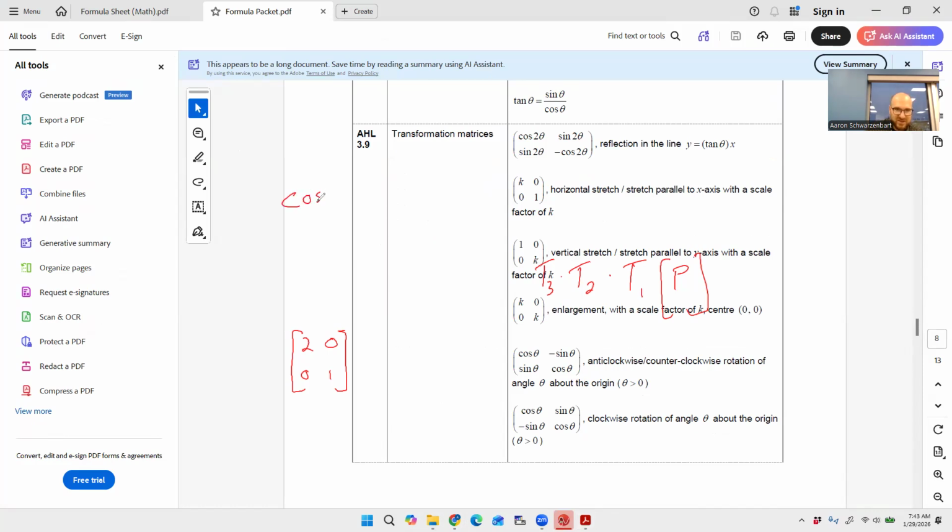So I'm going to go cosine 60, negative sine 60, sine 60, cosine 60, which gives me 1/2, negative square root of 3 over 2, positive square root of 3 over 2, 1/2. And so the first one has to be applied on the inside.